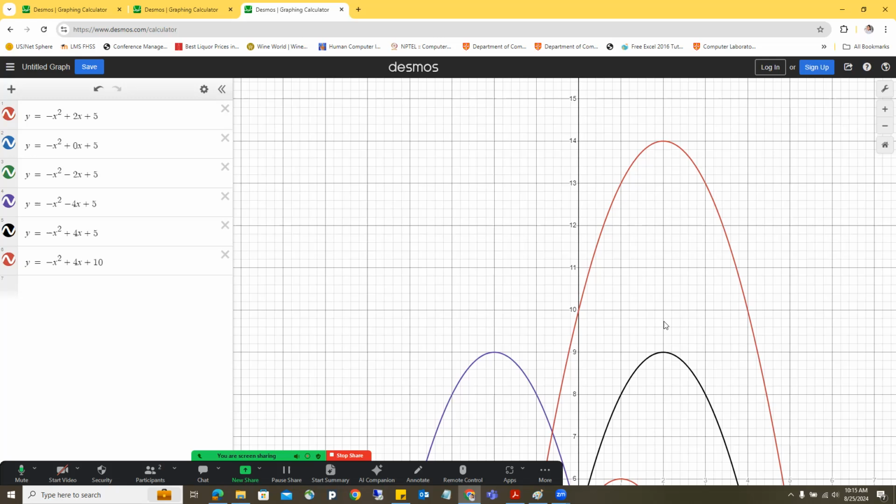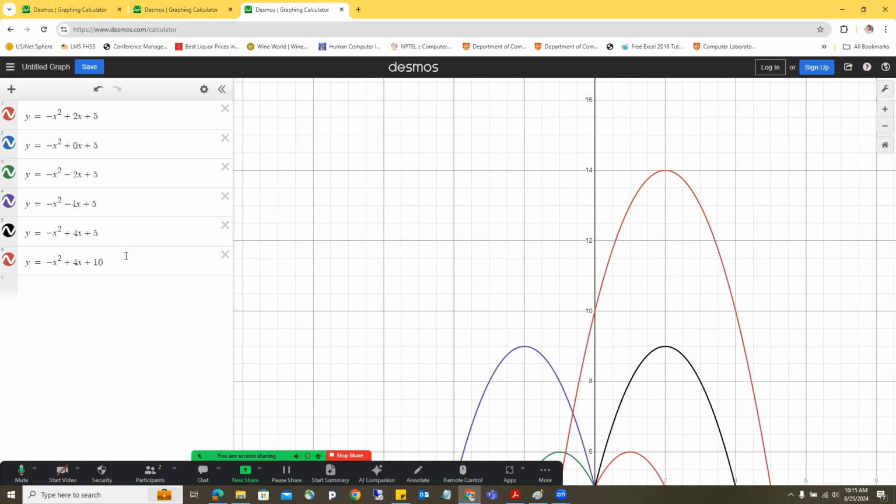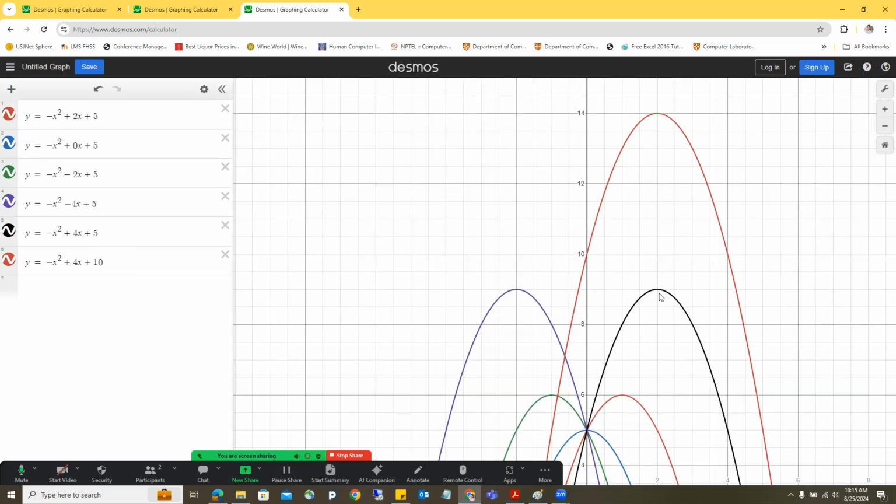The black color one and this red color one, is it clear? Here we have minus x squared plus 4x plus 5. What has happened here?